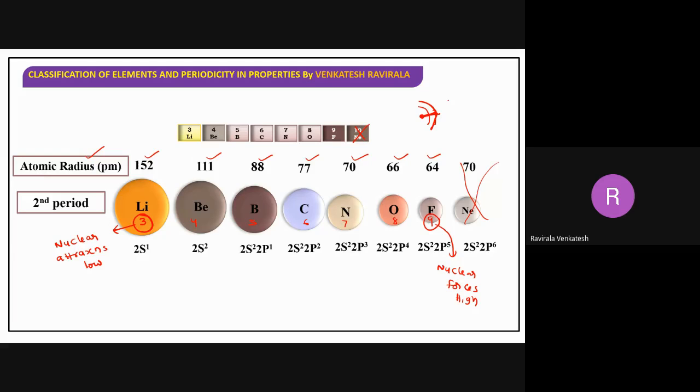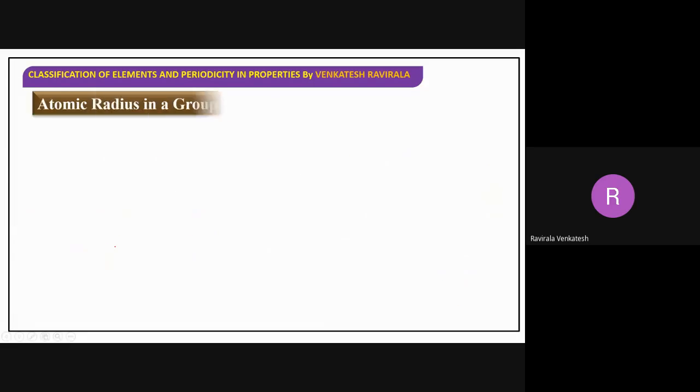Understood here? So what I mean to say is that atomic size decreases from left to right because the nuclear force of attraction is increasing, isn't it? So we have written this one.